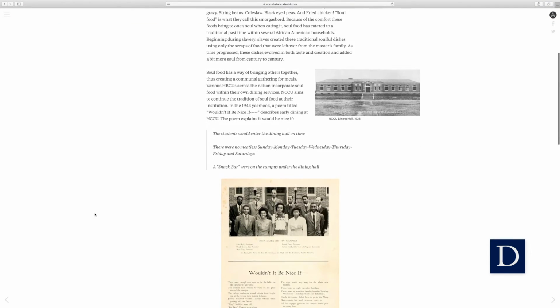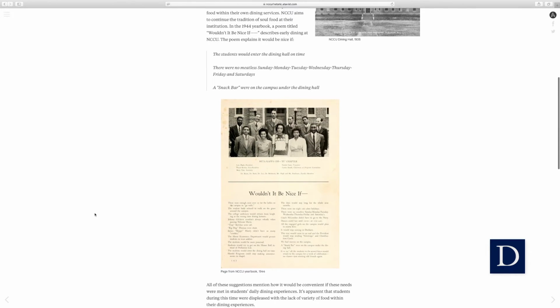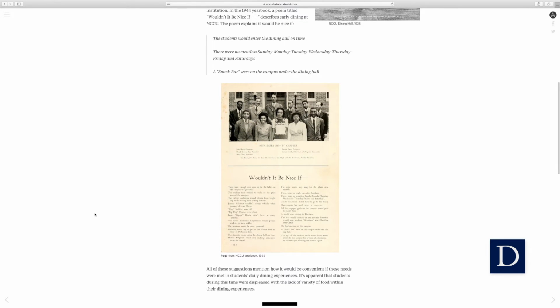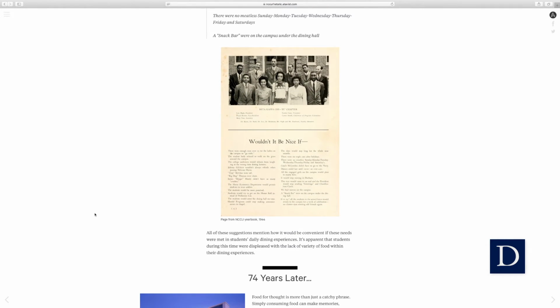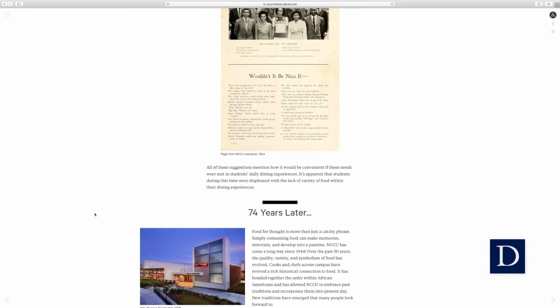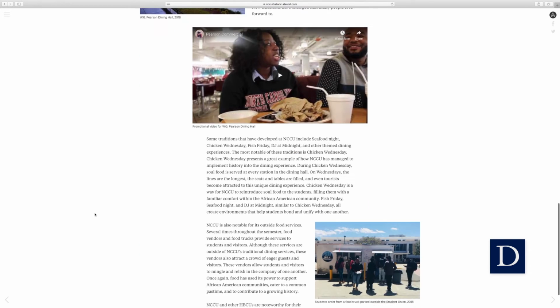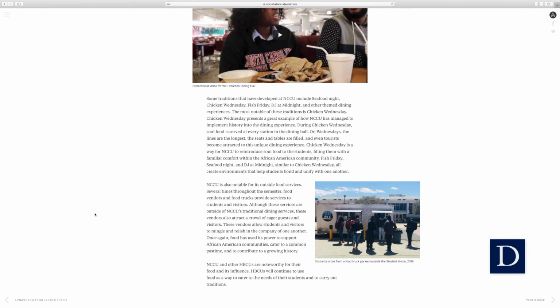This is also a page from the yearbook that has a poem written about the food on campus, and students are complaining about it, which is very cool. And then, of course, today we have images and video. And of course, now we all know that the food trucks are very popular on campus, so here's an image of one of the food trucks.